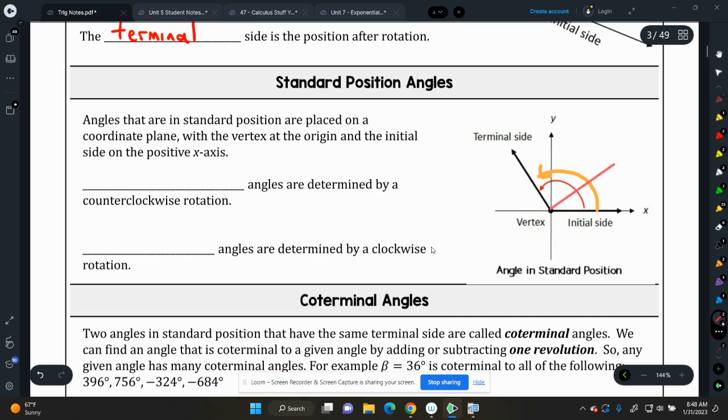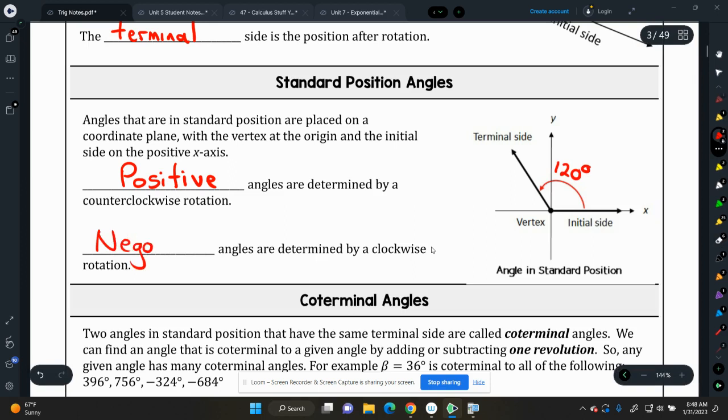When we rotate in a counterclockwise direction, we have positive angles. So if you look at this, this looks to be approximately 120 degrees. It's a positive angle.